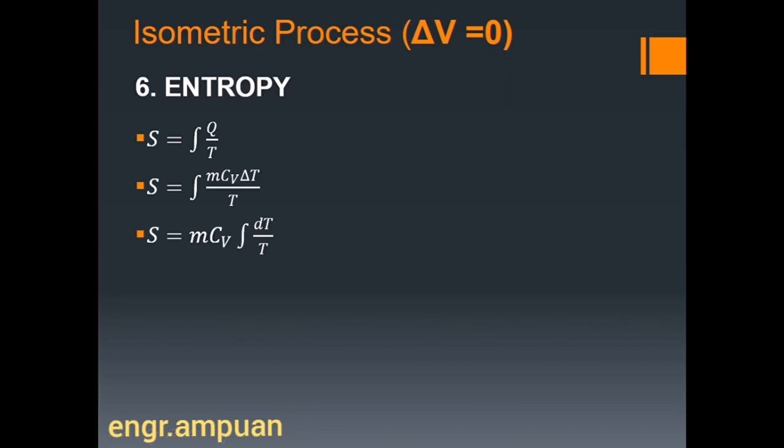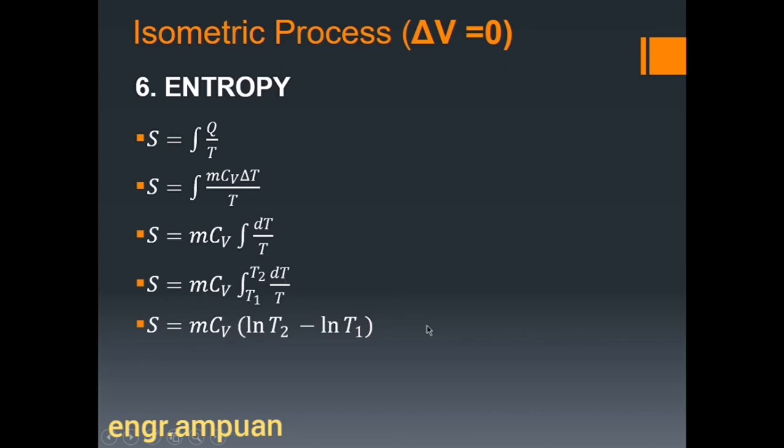It's just a simple integration. We use the upper and lower limits, and this is the integral of dT over T. Since this is the initial condition for temperature and this is the final condition for temperature, if we integrate this equation, we can have this.